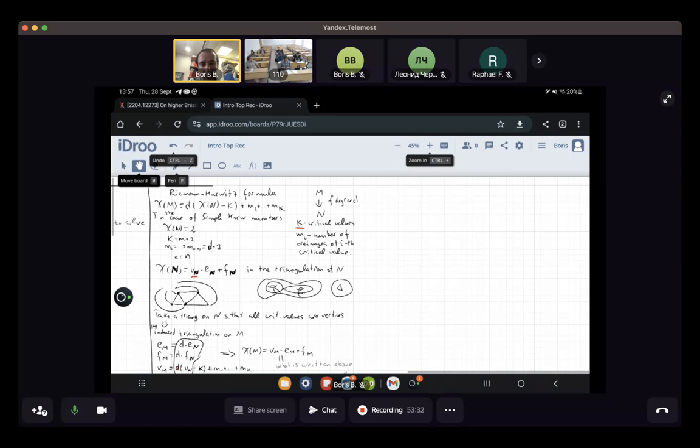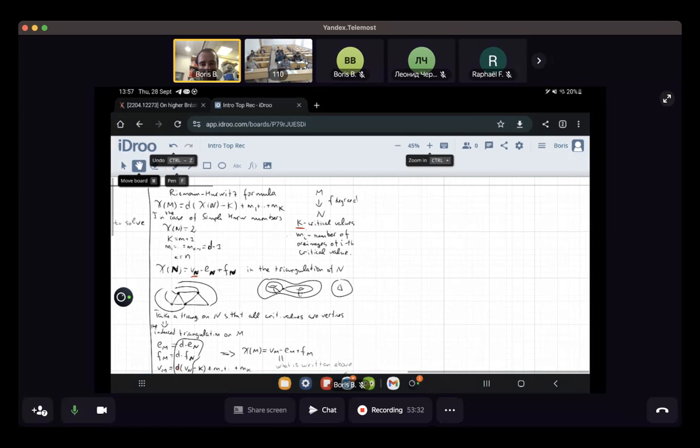And let me draw some loops here. In fact, this collection of k loops corresponds to k permutations, which permute the d sheets of our covering.